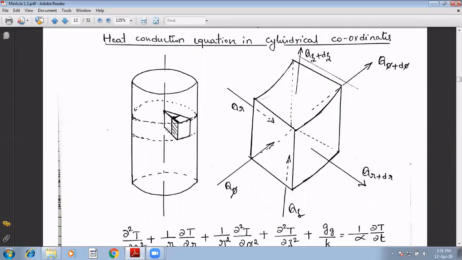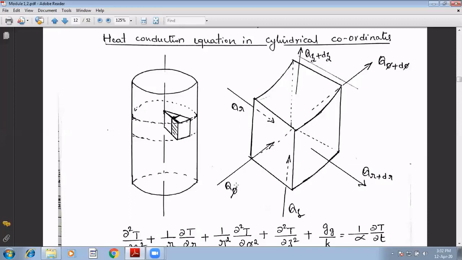One is the tangential direction, that is the phi direction or theta direction. Next is the axial direction, that is the z direction, so qz and qz plus dz. One more is the radial direction, qr and qr plus dr.